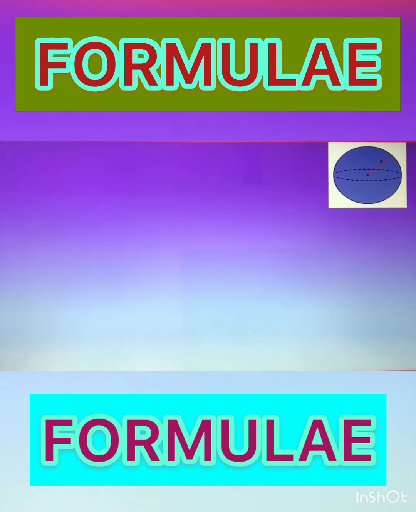And you can see here, this is the diagram for a sphere, and the most common example of a sphere is a cricket ball. So a cricket ball is just the form of a sphere, and in this sphere the radius of the sphere is r, because this is a three-dimensional object.